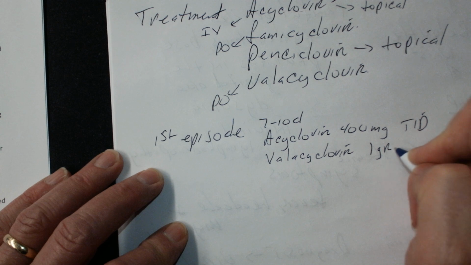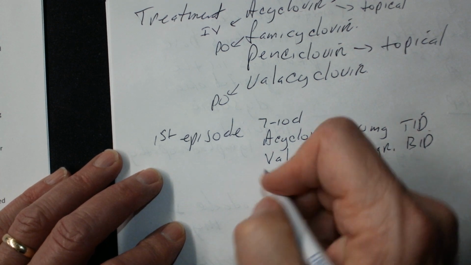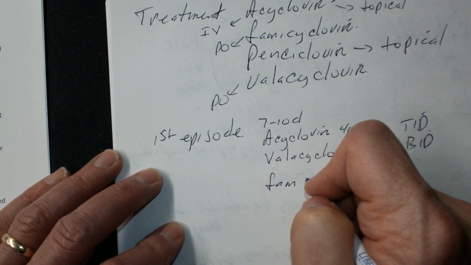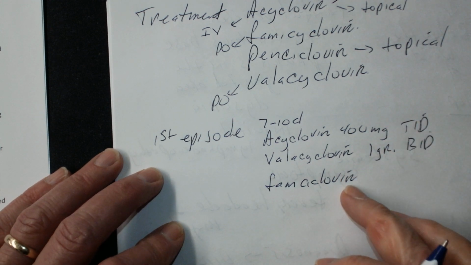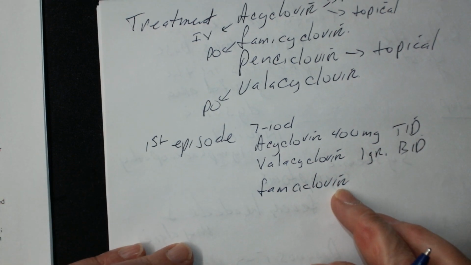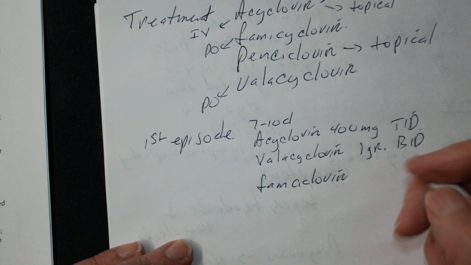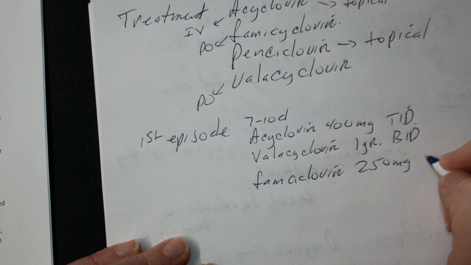That will be 1 gram twice a day. And then famciclovir, which is a prodrug of penciclovir. And this is given at 250 milligrams three times a day.